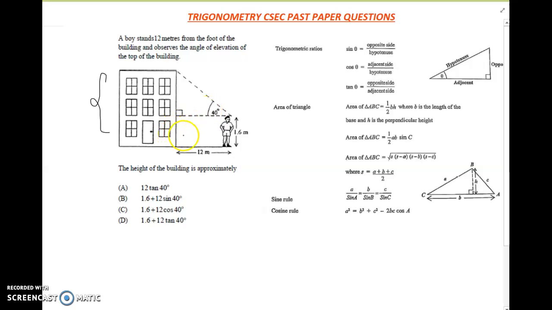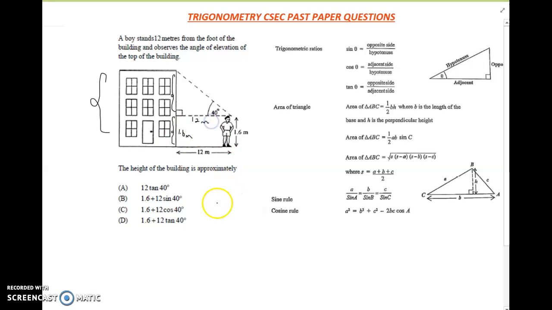Now, they want us to find the height of the building. The height of the building will be this piece here plus this piece here. We know this piece from here to here is the 1.6. And here's 12 meters, so here's also 12 meters.